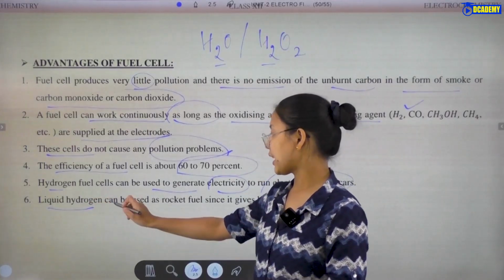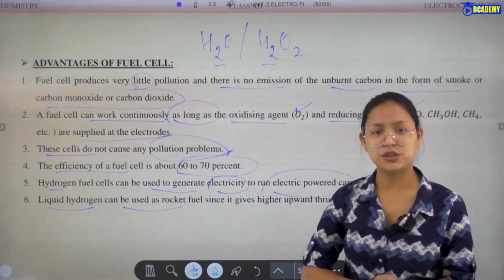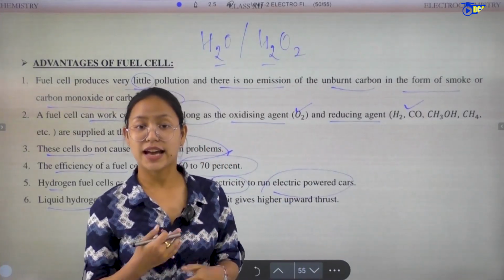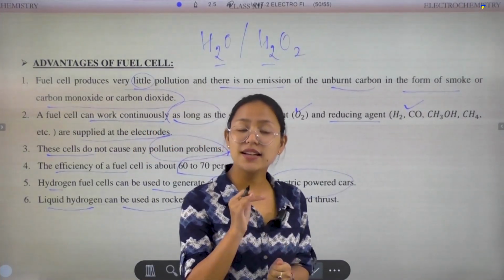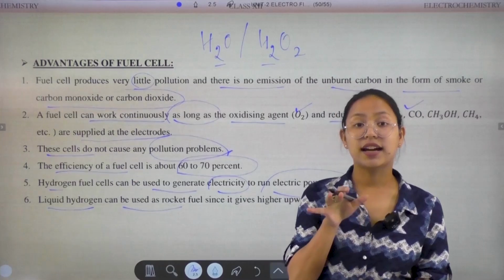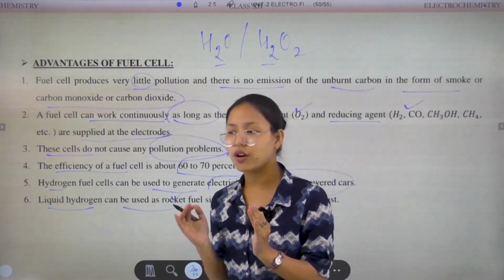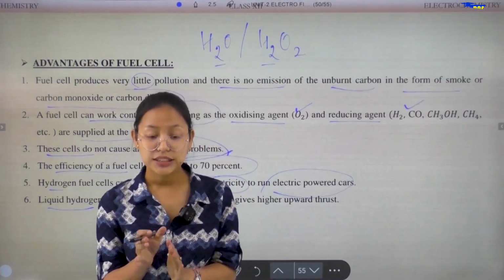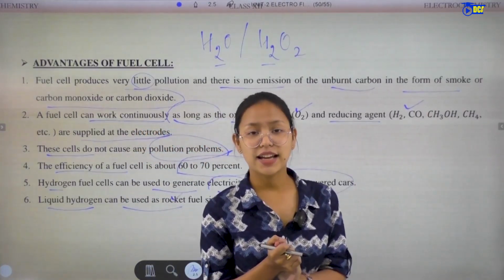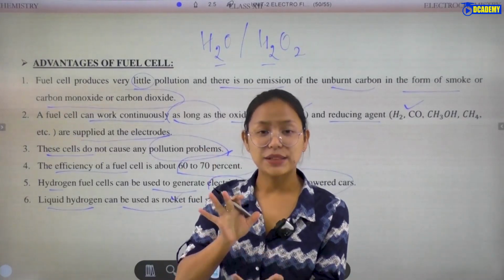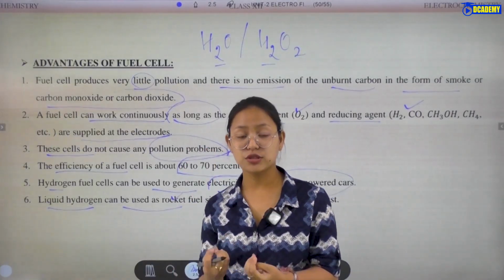Liquid hydrogen can be used as rocket fuel. Hydrogen fuel. Rocket fuel, and have you ever heard about rocket fuel? Like have you ever heard about petrol in rocket launching?